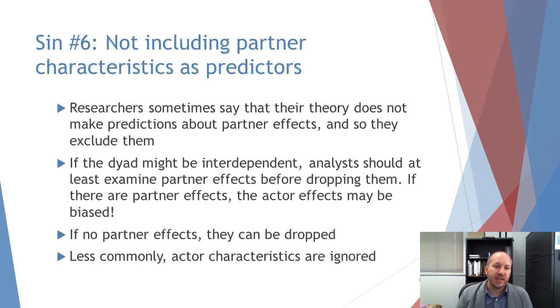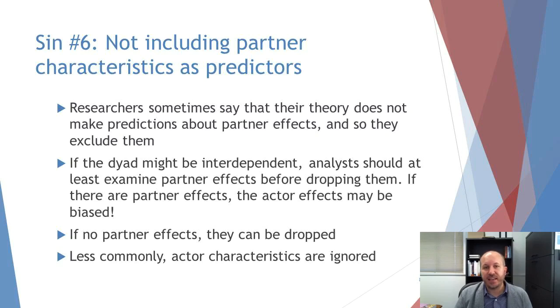The sixth sin is not including partner characteristics as predictors. So in other words, conducting analysis without partner paths. Researchers sometimes try to get out of testing partner paths by saying that their theory does not make predictions about partner effects, and so they exclude them from their analyses.